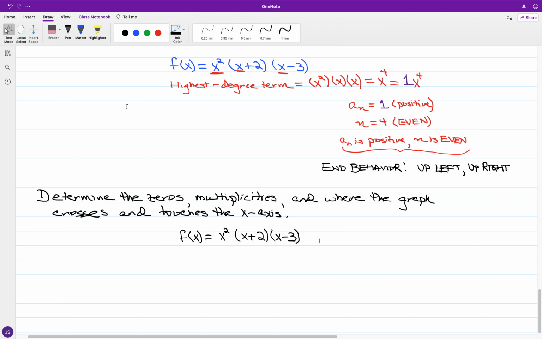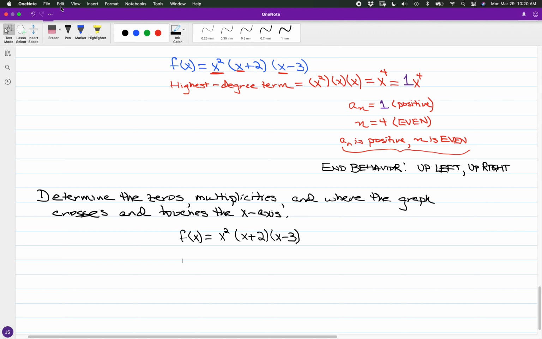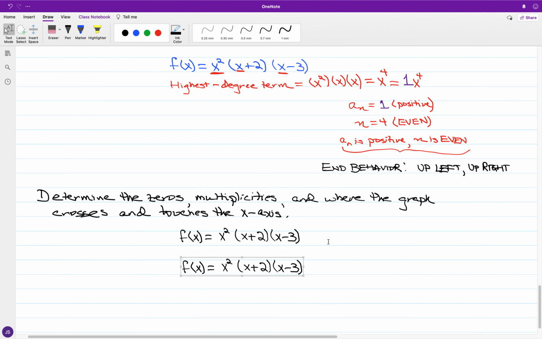I'm just going to do a little bit of color coding here. So you've got x to the second, and with x plus 2 and x minus 3, we don't have any explicitly stated degrees, but then the degree is just 1.